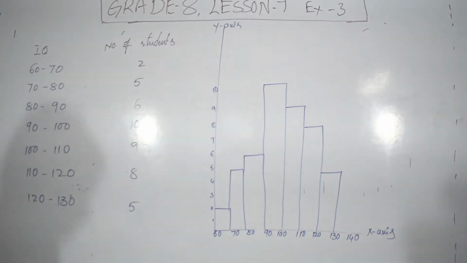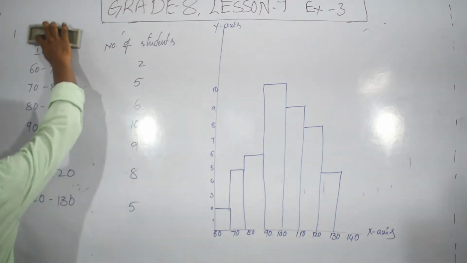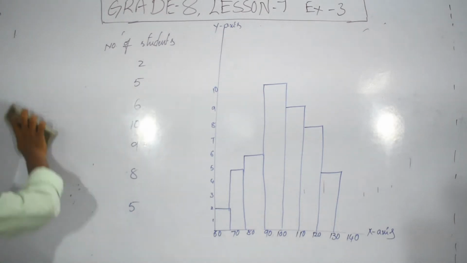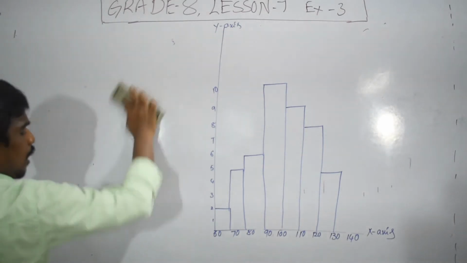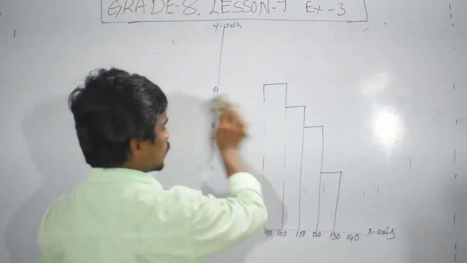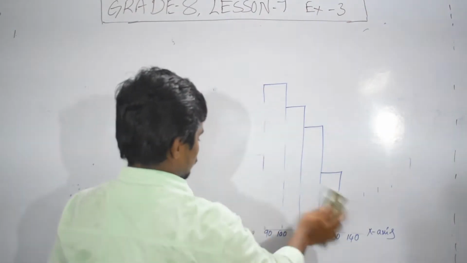Second one, construct a histogram for the marks obtained by 600 students in class 7 annual examination. Here only class marks are given, and frequency is given, class intervals are not given. So we find the class intervals, after that we draw the graph bars.